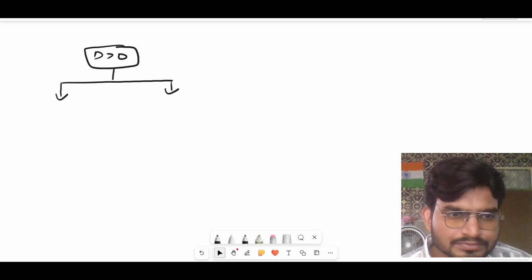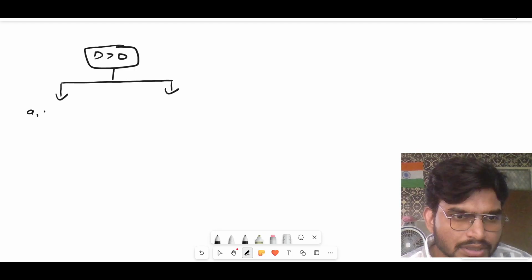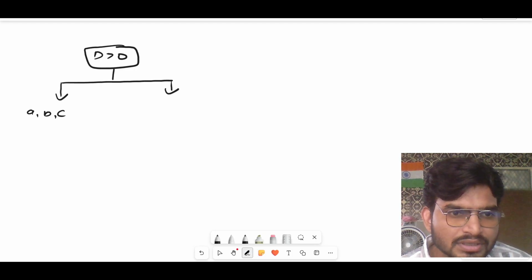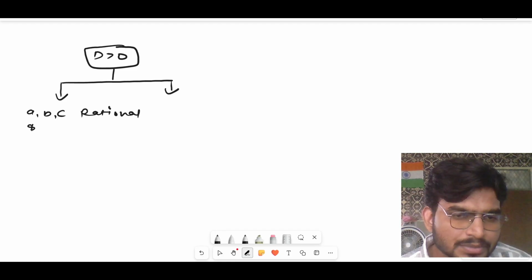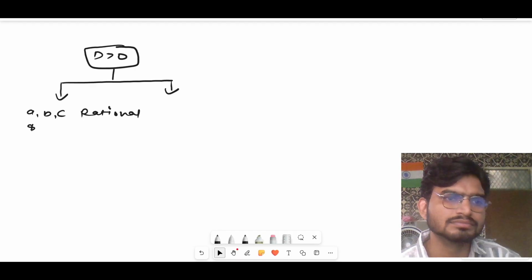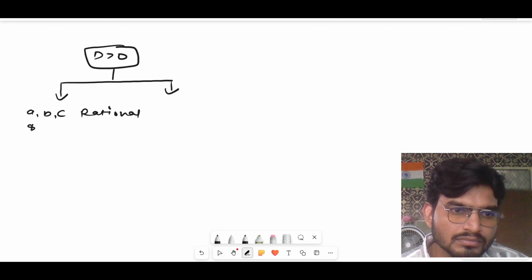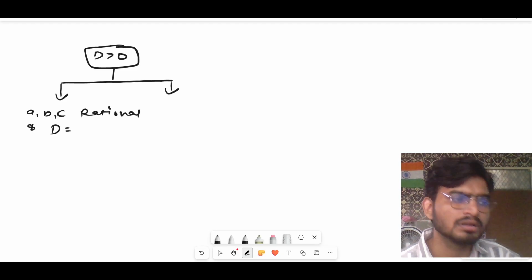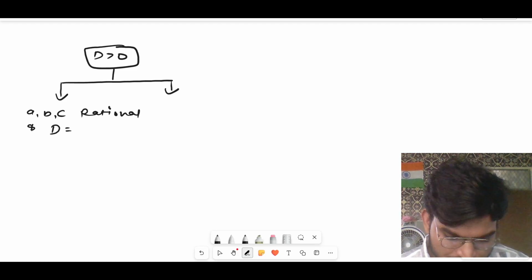In the first case, a, b, c are rational, and D is a perfect square.